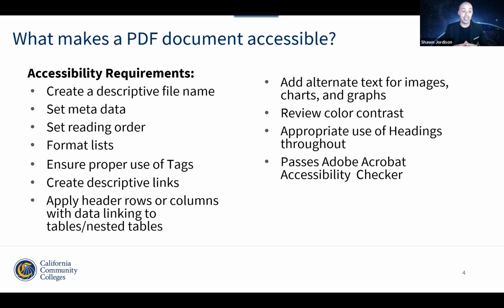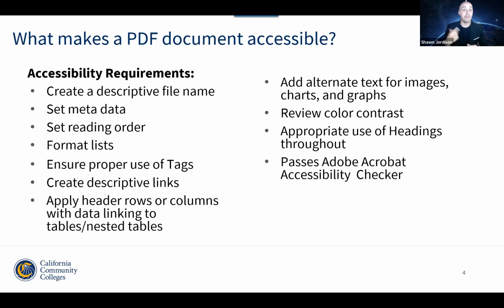Basically, your file needs all of these elements. We need to have a descriptive file name. The metadata for the file must be set, which includes the title, subject, keywords. The reading order must be set via the tags panel. All lists should be formatted properly. All your tags should be properly formatted.